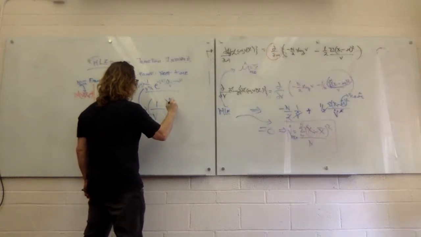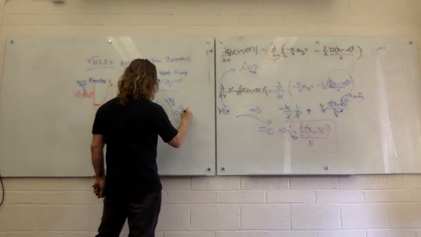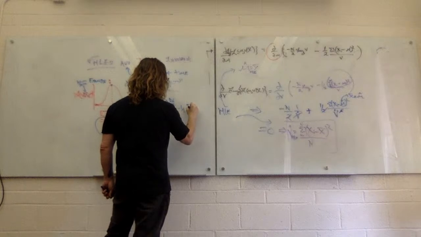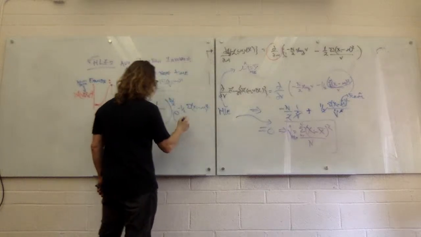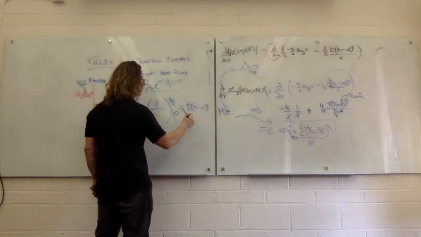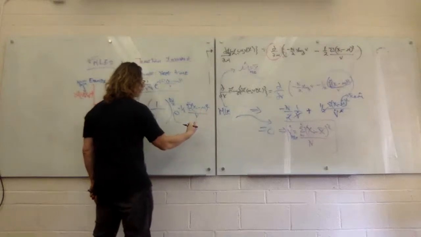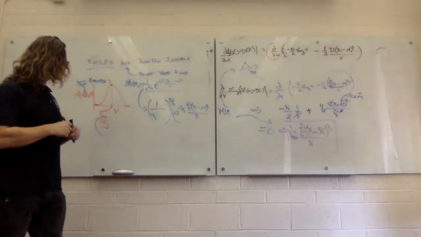I'm going to write it just a little bit differently. E to the minus 1/2 sum of the xi's minus mu squared. You'll appreciate this is just a number right here. This is a function of v right here.